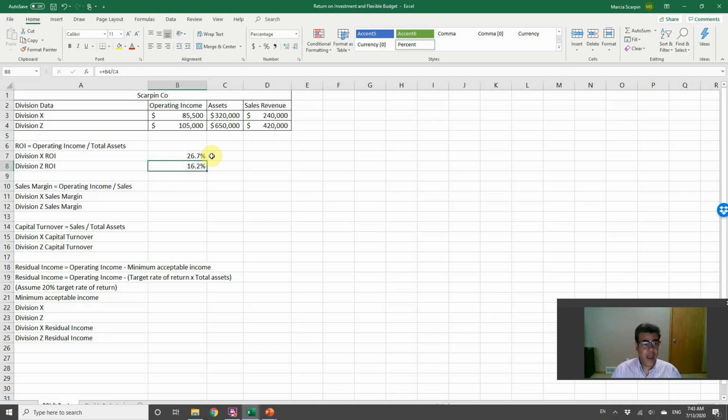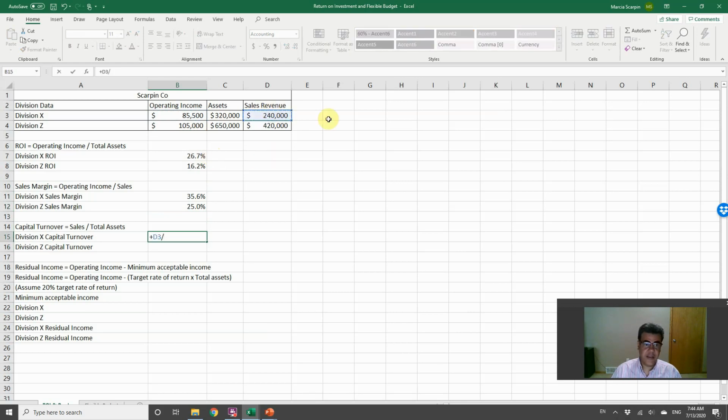Let's investigate why. Is it because of sales margin or because of capital turnover or both? So let's go here. Sales margin, operating income divided by sales revenue. 35.6%. Division Z, 25. Wow. Division X provides a higher sales margin than Division Z. Let's go to capital turnover.